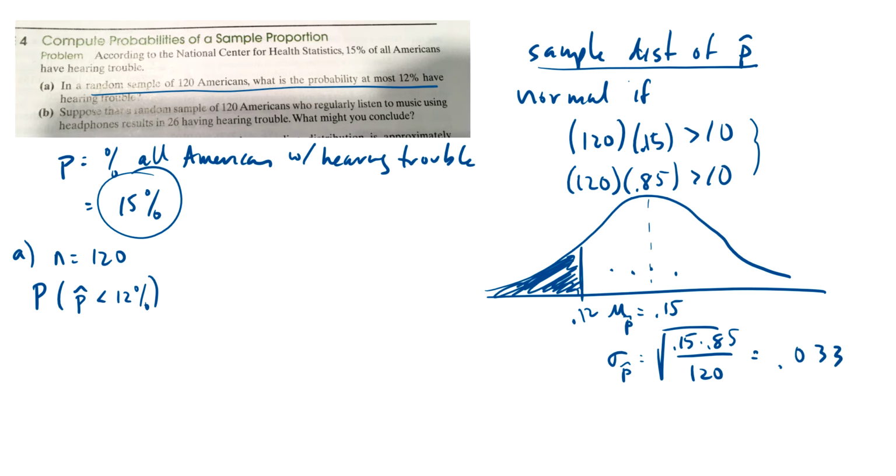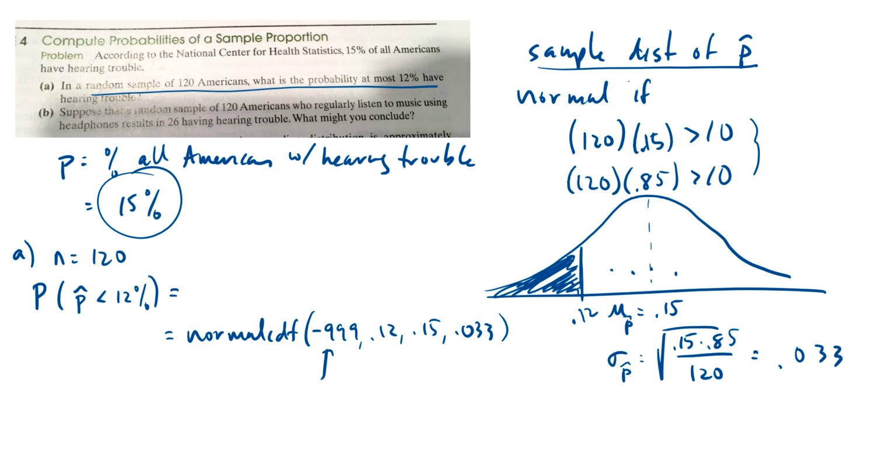Well, this is a normal curve. So I could find the z-score and look it up on the table, or I could just use my normal CDF, and I'm going to put in negative, just a really small number, because this curve mathematically goes on forever. So normal CDF, negative, really small number, 0.12, 0.15, 0.033.